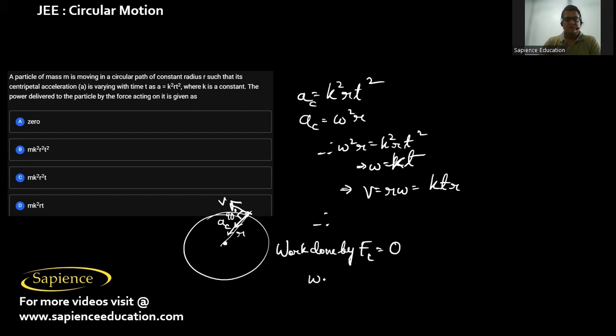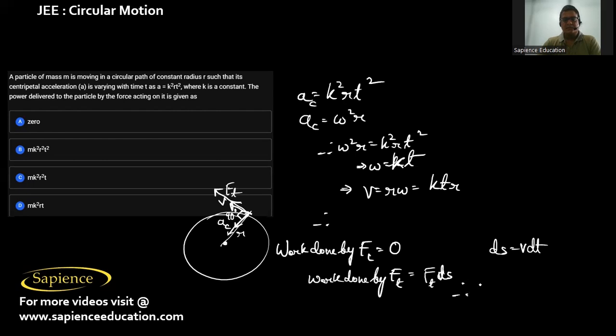So now the tangential force is acting along the tangent only, so it will do the work. So Ft into ds. Now ds is equal to v dt.